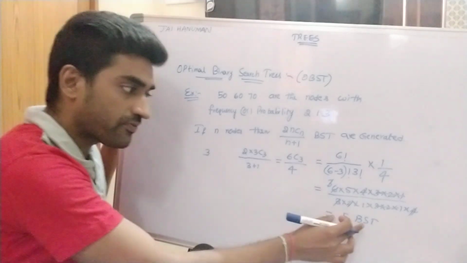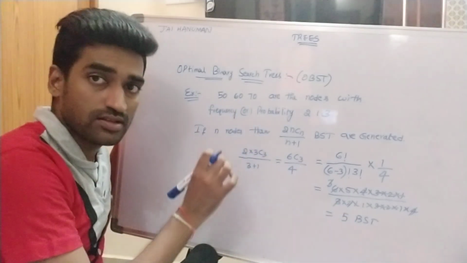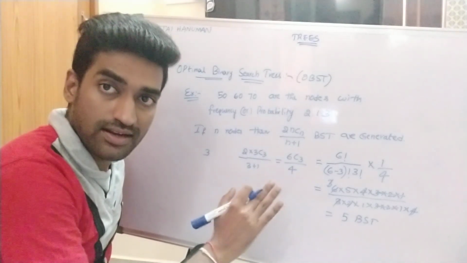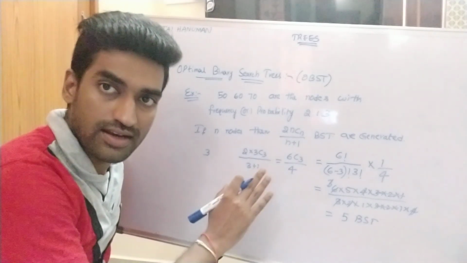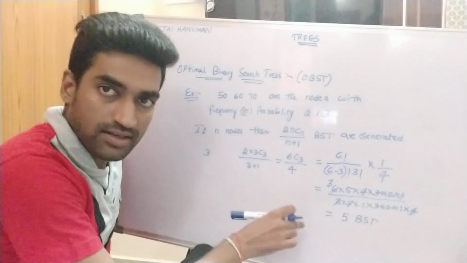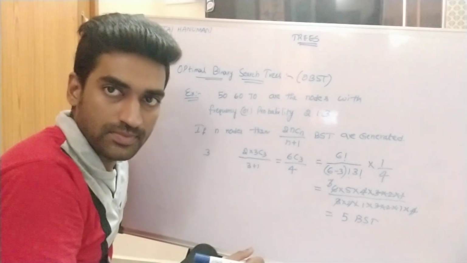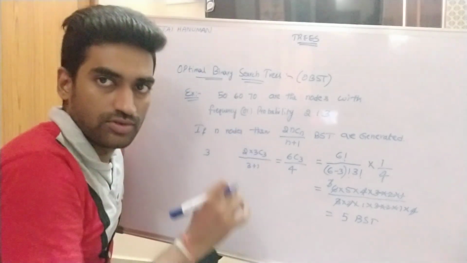So after generating 5 binary search trees for these nodes, the binary search tree that takes less search time as well as less cost is said to be the optimal binary search tree for these nodes, right?